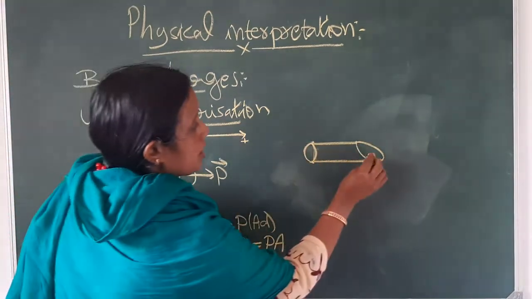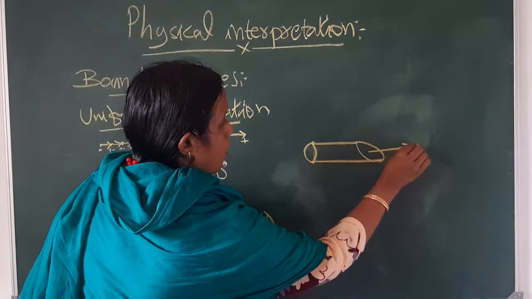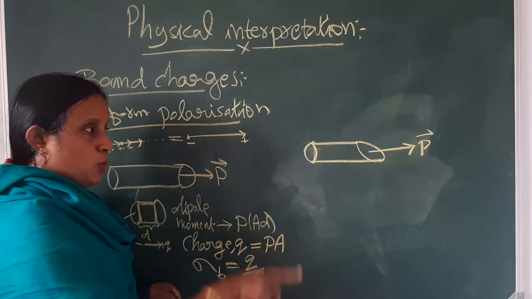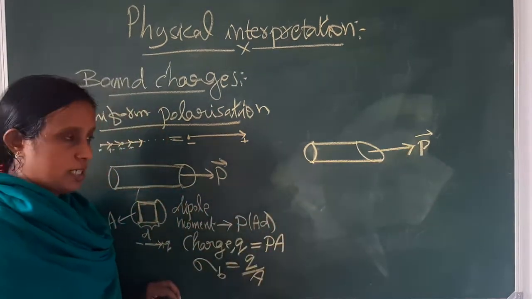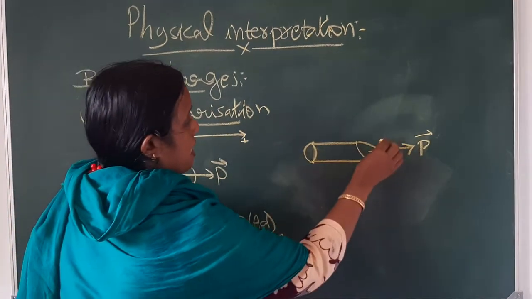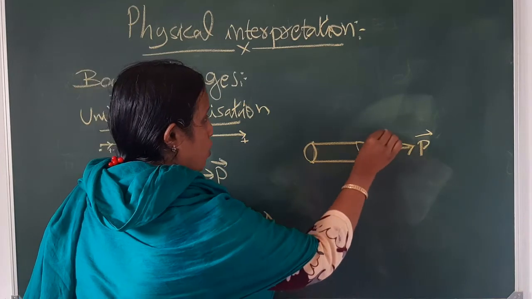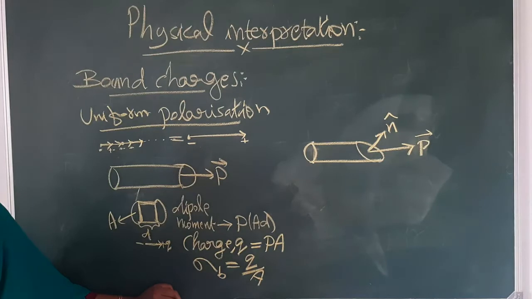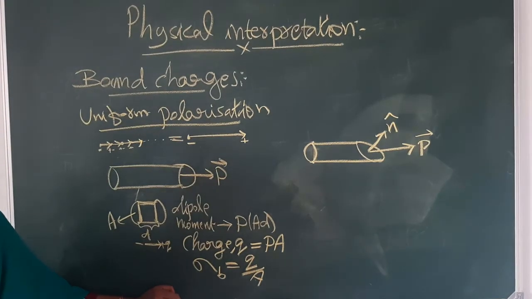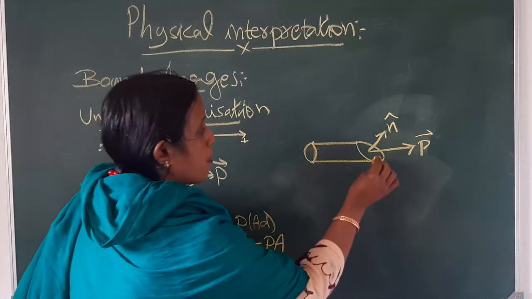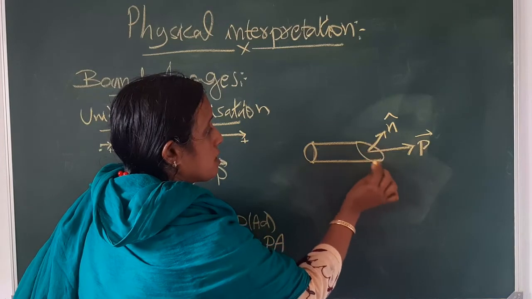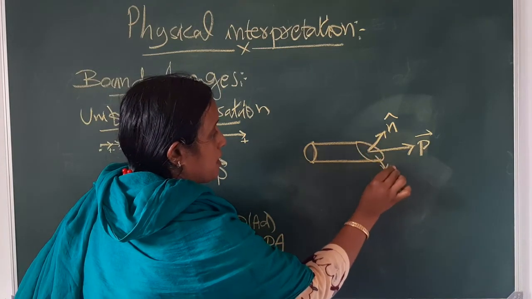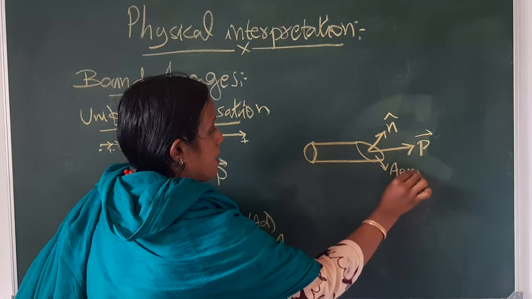Here the polarization is along this direction, because we already assumed that the tube is along the direction of the polarization. But here the area vector points along this direction, n cap. Suppose the area of this slanted cross section is represented by A_n.